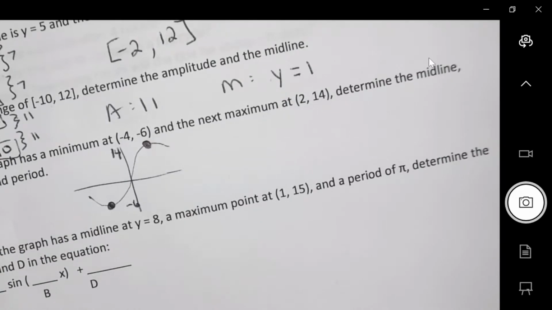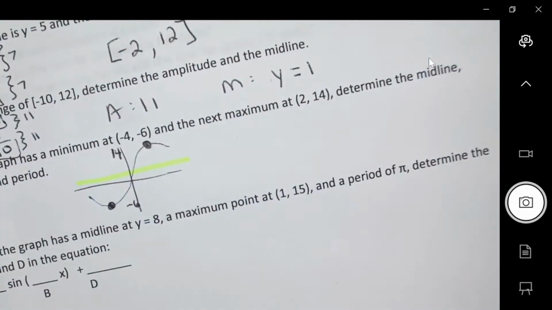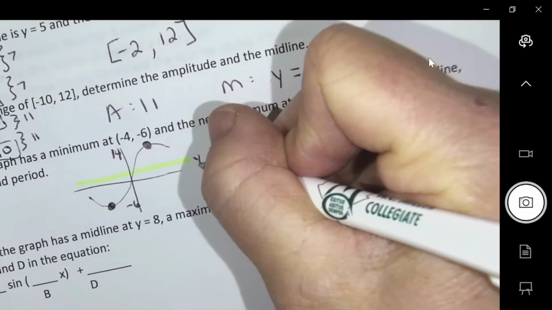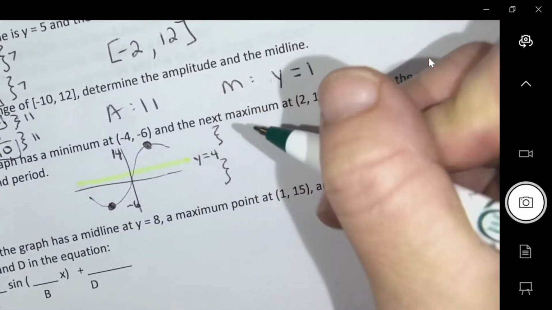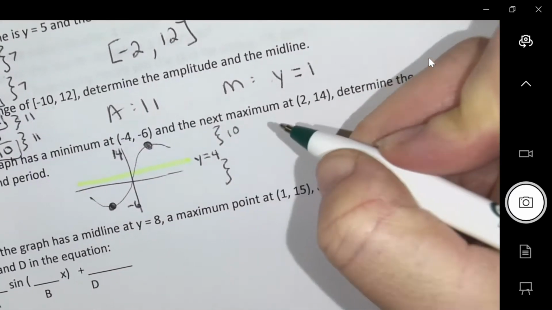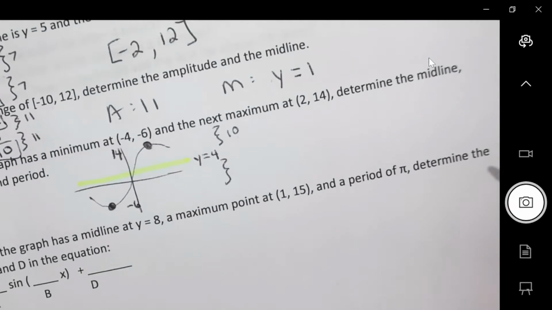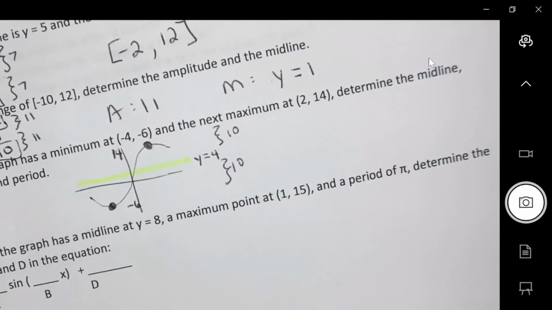Did you come up with a number in the middle? 4? So from 4, 4 plus 10 gets you to 14. 4 minus 10 would get you to the -6.